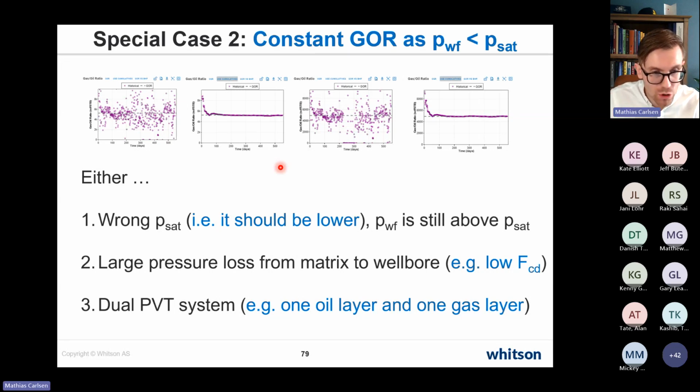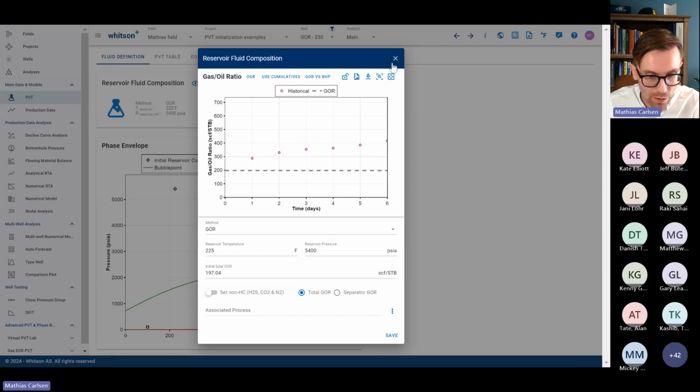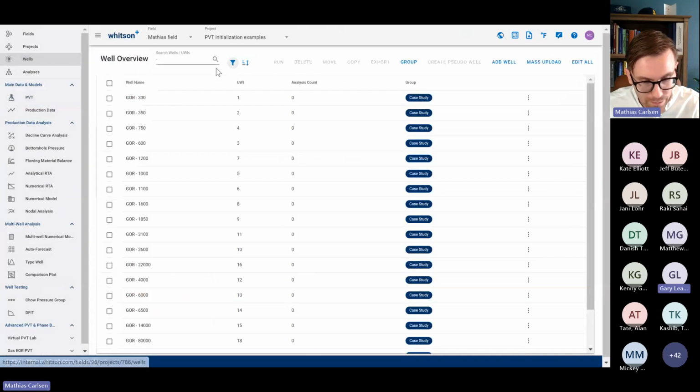Together, if you took those fluids and they mixed in the wellbore and you sampled them at surface, they might look like a condensate if I brought it to the lab. And that makes it really, really complicated. So I'll show an example of all of these three different scenarios just in the software right here.